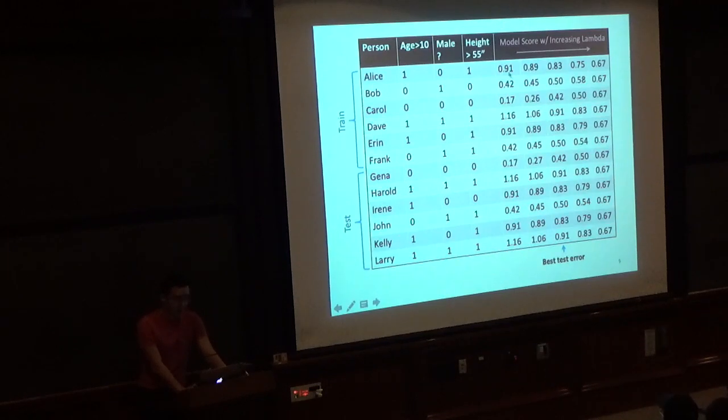What I'm showing you here is the prediction on these examples of a solution of W and b with increasing lambda. There are a few things to notice. First of all, with lambda really small, which is this column right here, our model is trying to do as well as possible on the training examples. We don't see the test examples. This is just a thought experiment. We don't actually know what these are in practice, but here's what they are.